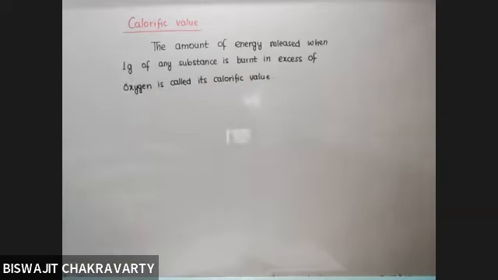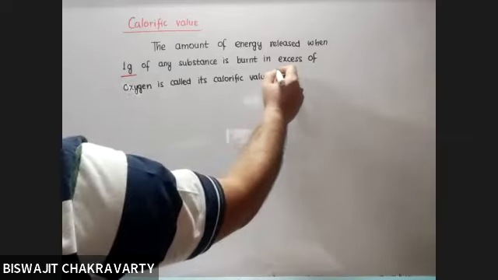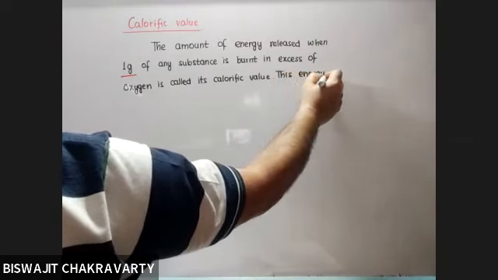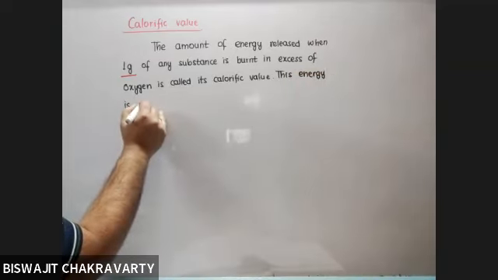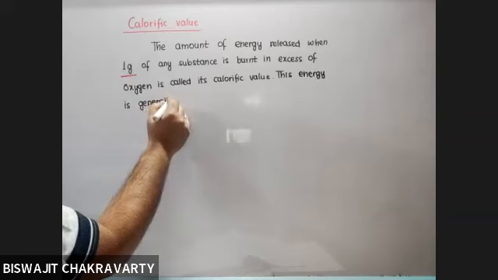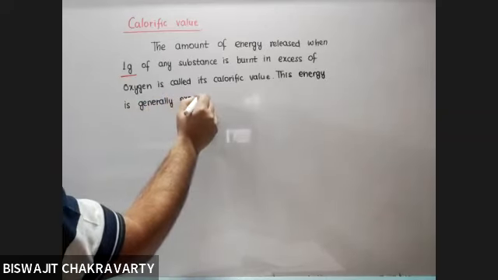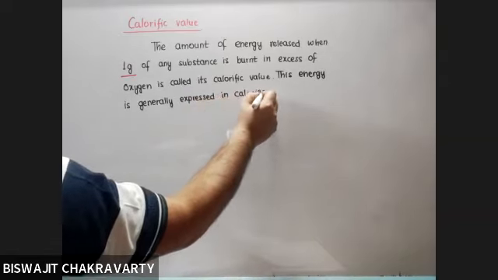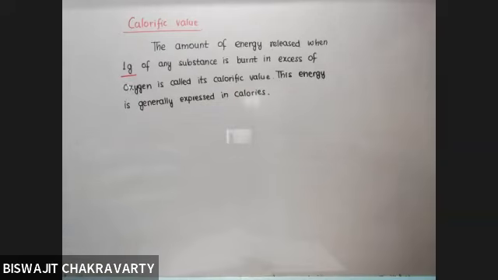So here the amount has changed. When it was 1 mole, it was called enthalpy of combustion, but when it is 1 gram, it is called calorific value. So what is the relation then between calorific value and enthalpy of combustion? But prior to that, let me tell you, this energy is generally expressed in calories.